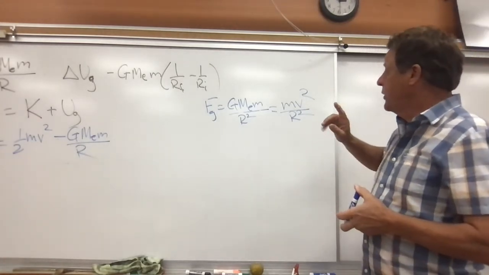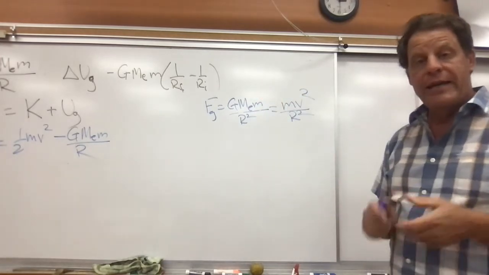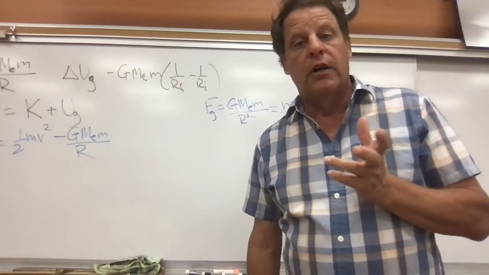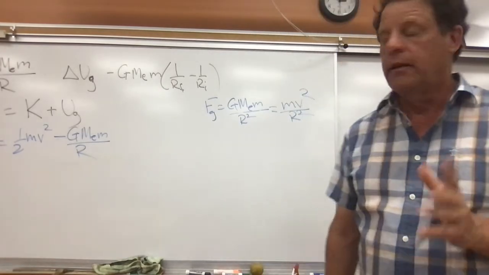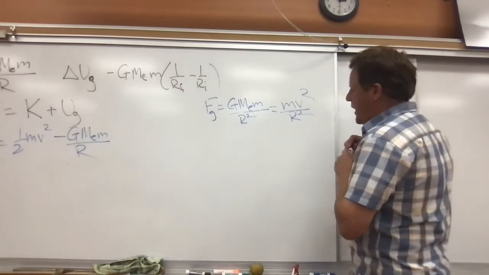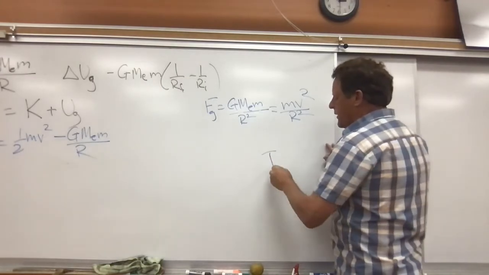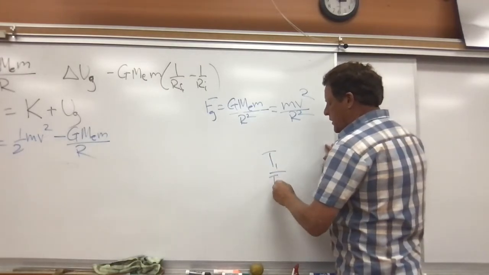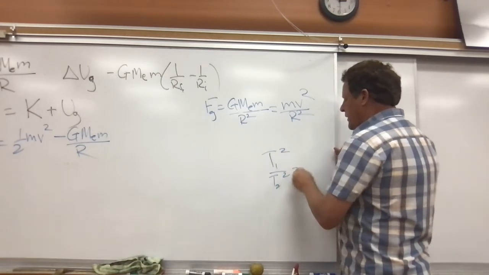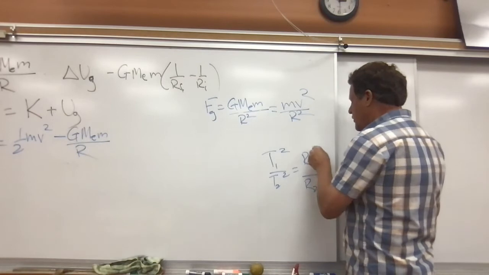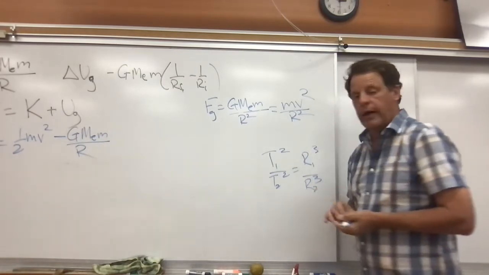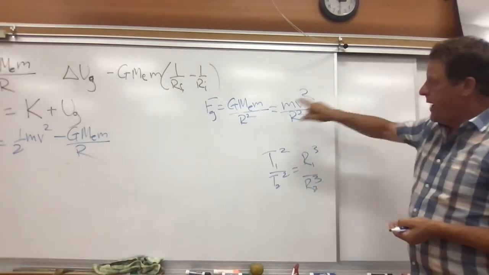And then we also used the same concept to prove Kepler's third law. And a reminder of Kepler's third law is T1 over T2 squared is equal to R1 over R2 cubed. Okay, so that came from this.